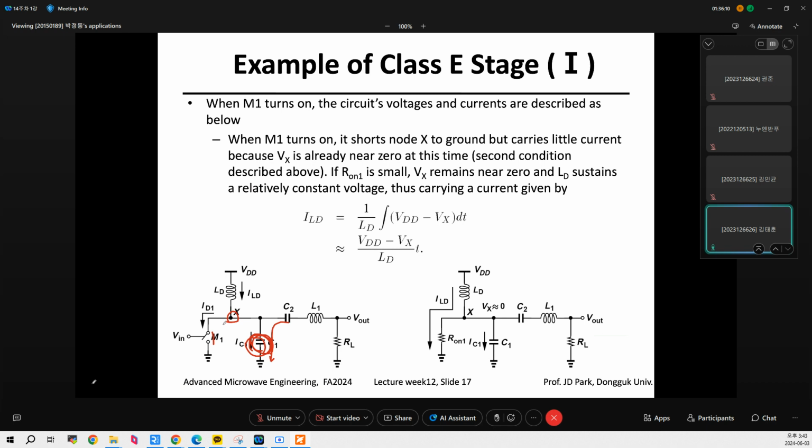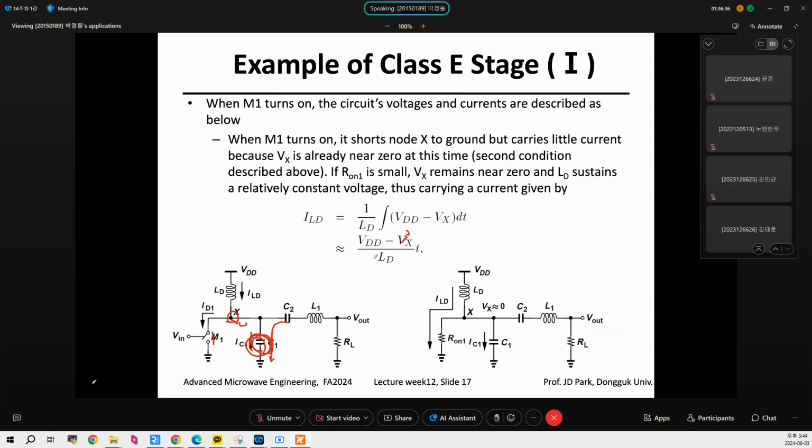So if R1 is small, then Vx remains near zero because the conduction current is already small. So LD sustains a relatively constant voltage because this is almost zero. The voltage is just VDD minus Vx, which is almost zero.